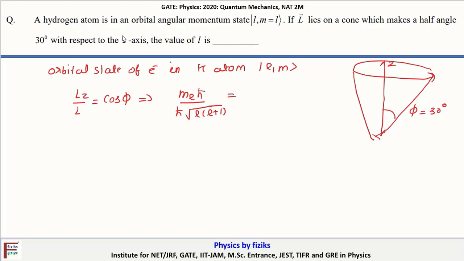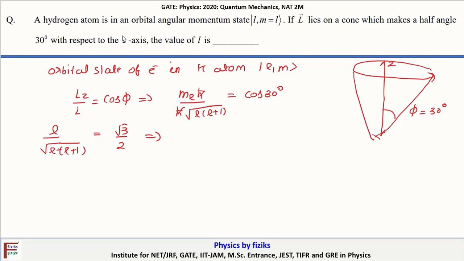Cos 30 degrees is root 3 by 2. According to the question m equals l, so we have root of l over l plus 1 equals root 3 by 2.